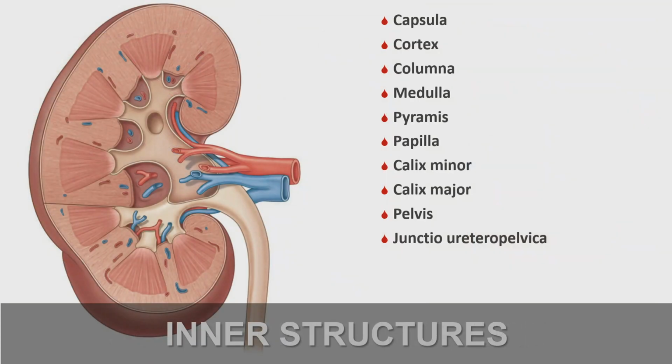In the structure of a kidney, the kidney contains two kinds of tissue. The capsula is outside, and below the capsula we have one parenchyma part which is called cortex and columna. Cortex and columna contain glomeruli.